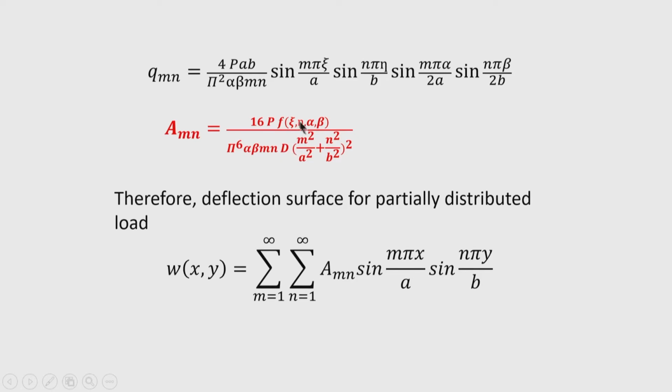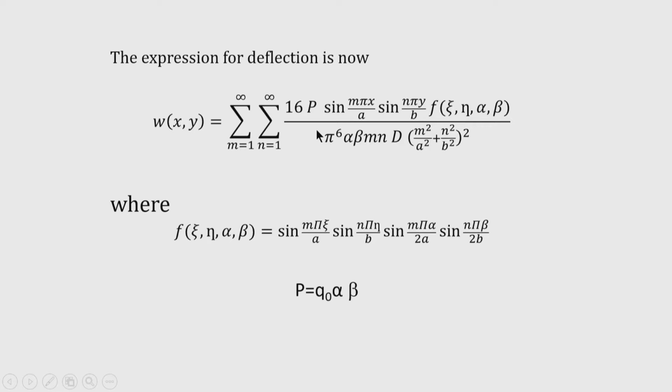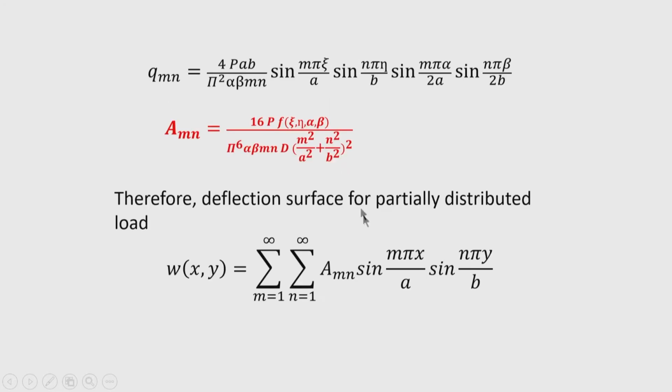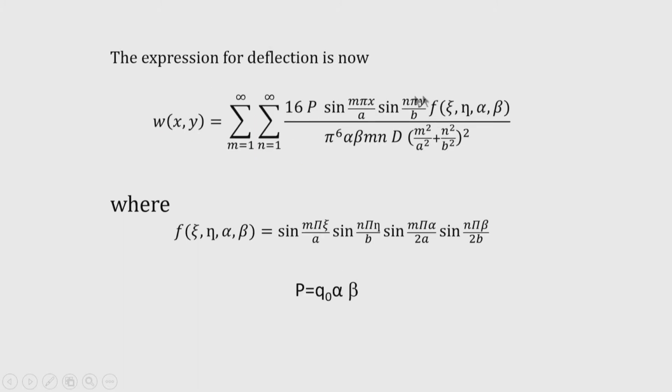But the question arises, what is f of xi, eta, alpha, beta? Now, let us see the expression for deflection. Again I have written here, substituting Q_mn in this place, we get the expression for deflection W(x,y), where f of xi, eta, alpha, beta is nothing but sin(m pi xi by a) sin(n pi eta by b) sin(m pi alpha by 2a) sin(n pi beta by 2b).